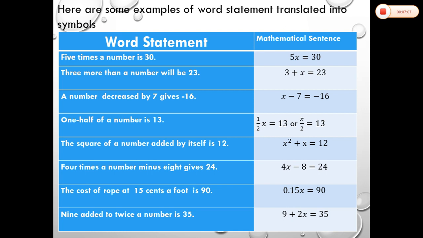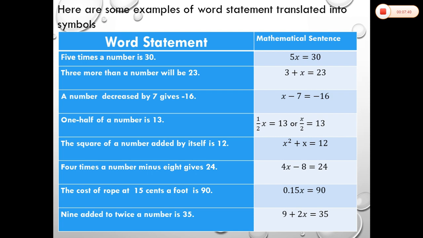1/2 of a number is 13. There are two ways to write: 1/2 x is equal to 13 or x over 2 is equal to 13. The square of a number added by itself is 12. So in mathematical sentence, we have x squared plus x is equal to 12. 4 times a number minus 8 gives 24. 4x minus 8 is equal to 24 in mathematical symbols.